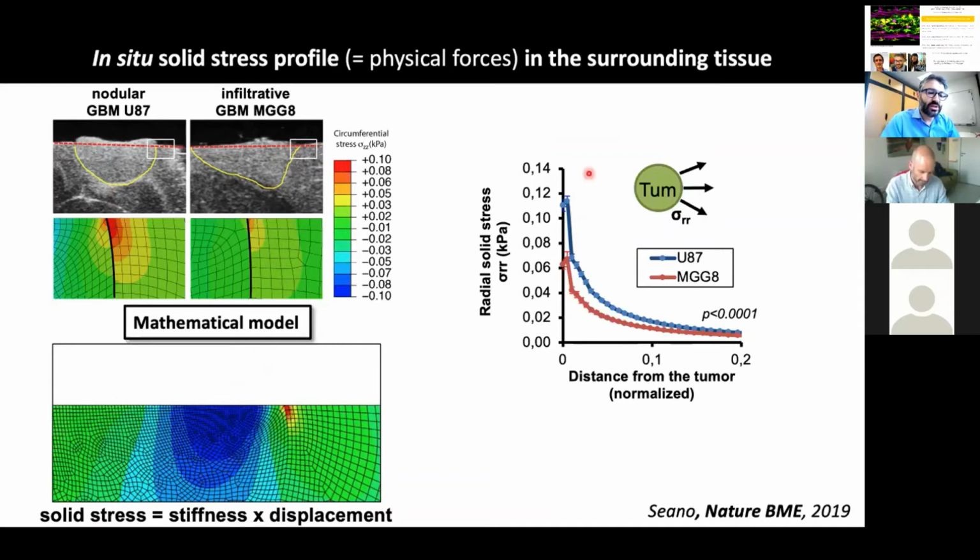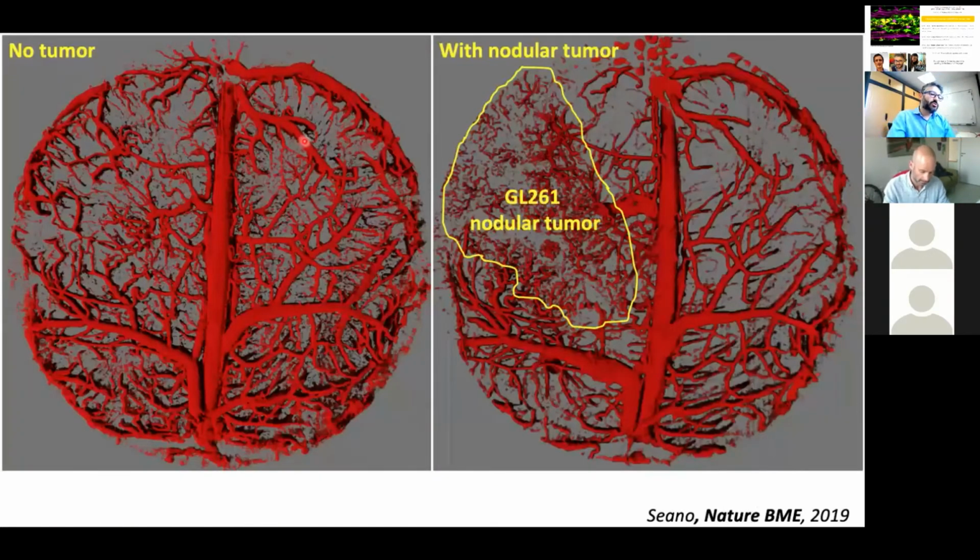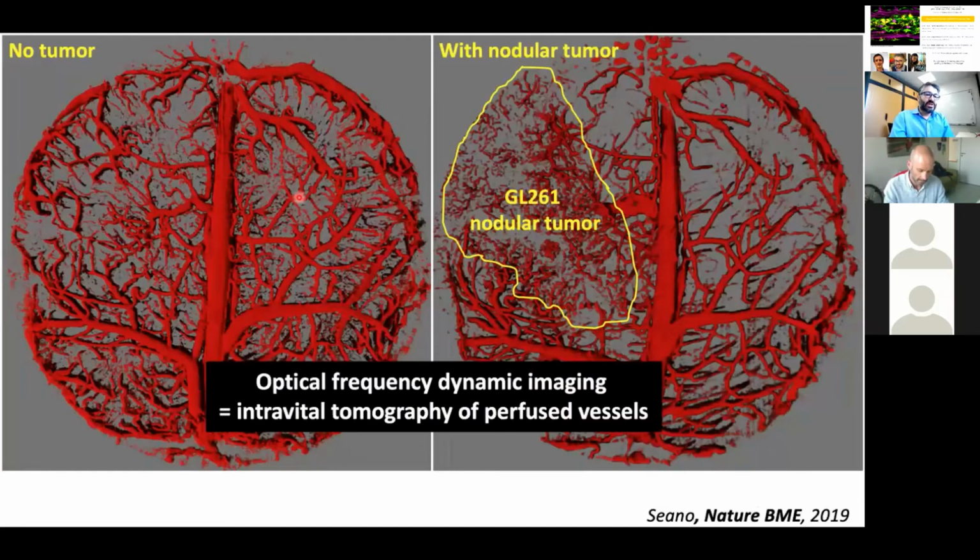So what are these UAT7 tumors, or anyway nodular tumors, capable of doing when they really compress the surrounding tissue? Here you have optical frequency domain imaging, that is intravital tomography of perfused vessels, and you have GL261, which is another pretty nodular tumor. You see the whole cranial window in which you have one hemisphere and the other hemisphere, and the sagittal sinus, and the same mouse before and after the tumor grows.